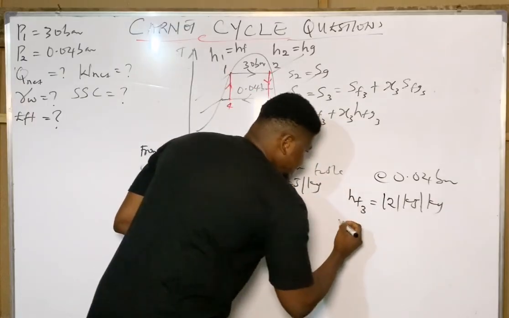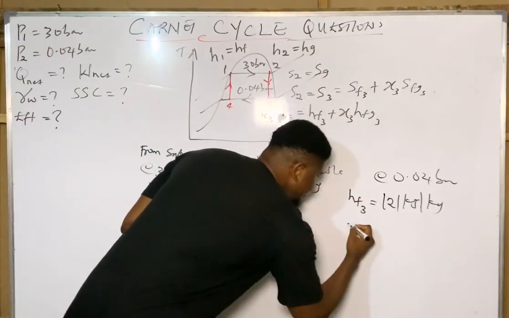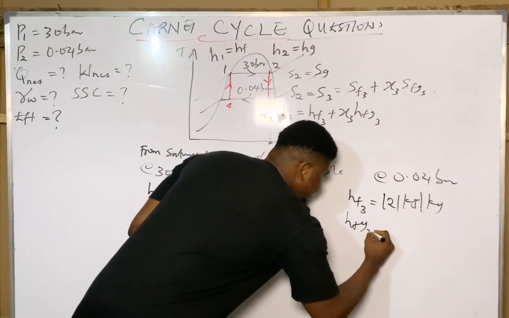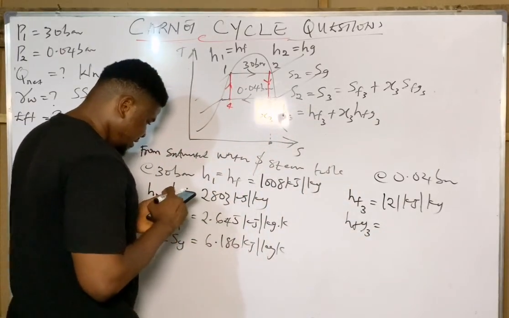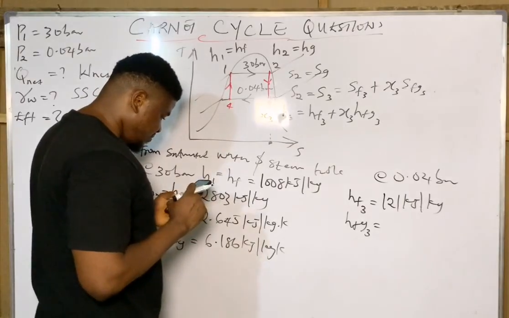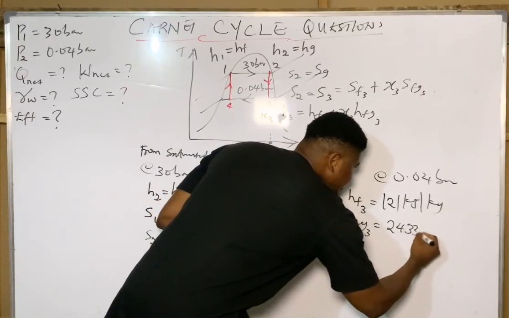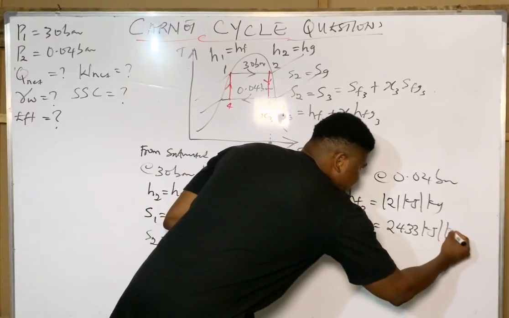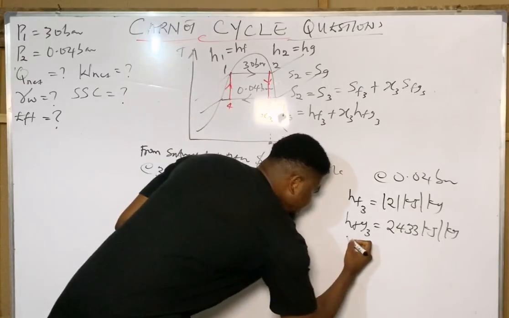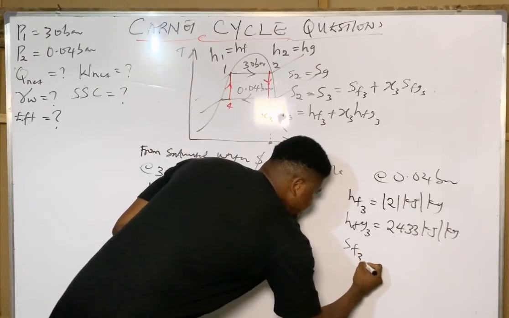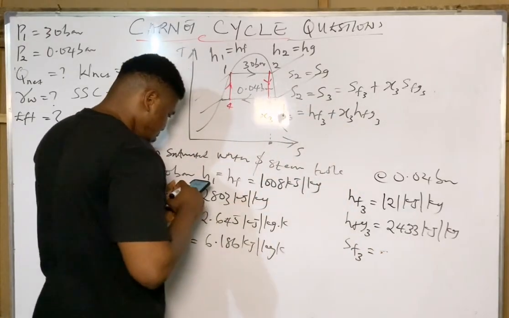Now we also find HFG3. HFG under 0.04 bar is 2433 kilojoules per kilogram. Similarly, we'll find the entropy SF3.